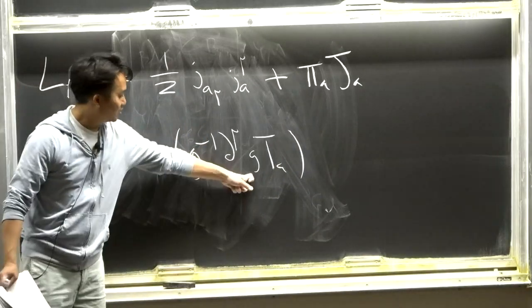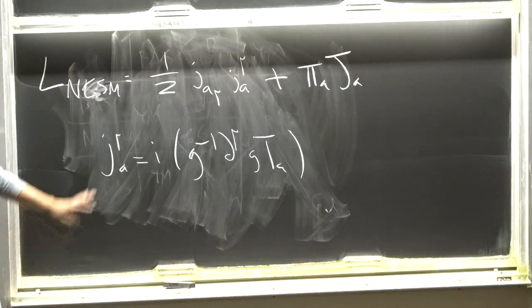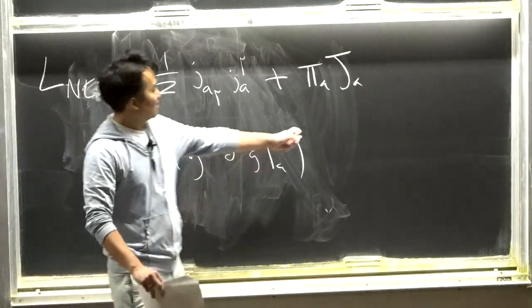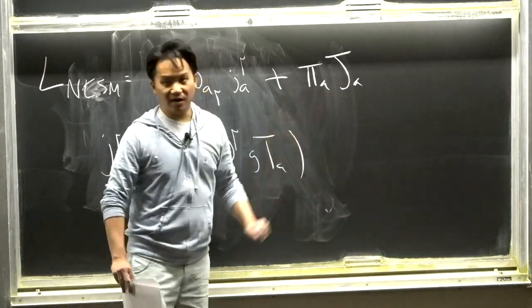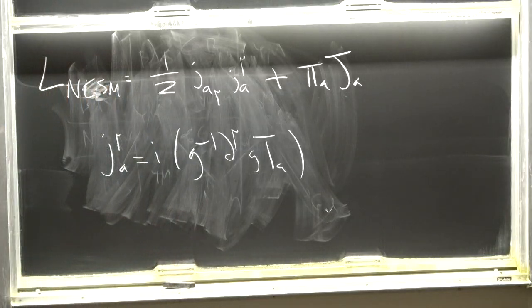This is the chiral current, just another way of writing the more familiar U dagger partial U. I've also included a source term, capital J, for the pion, because I'm going to want to differentiate with respect to it to get amplitudes.